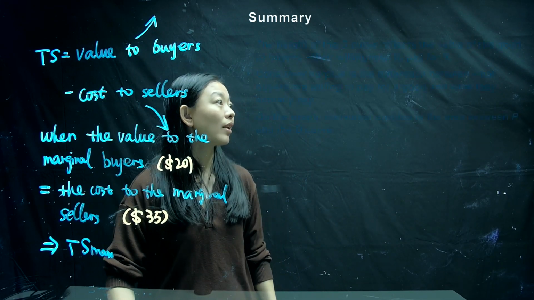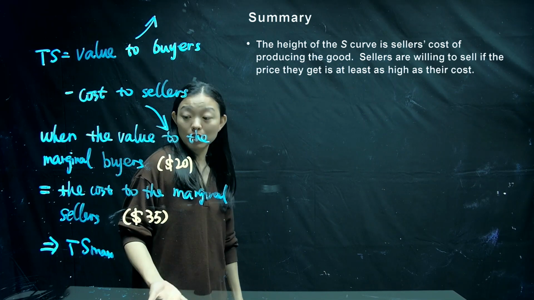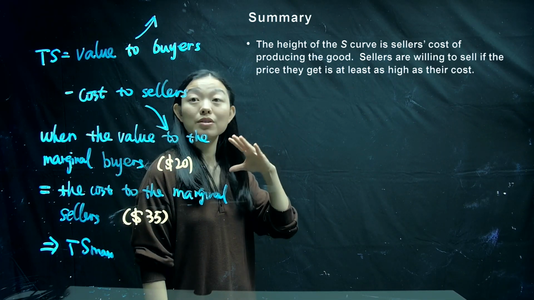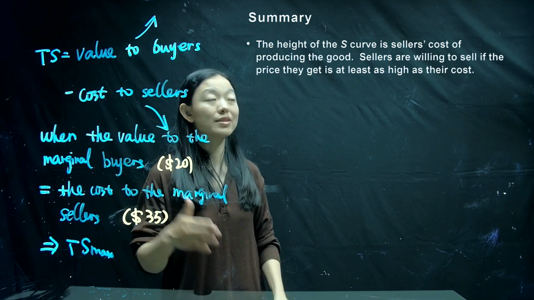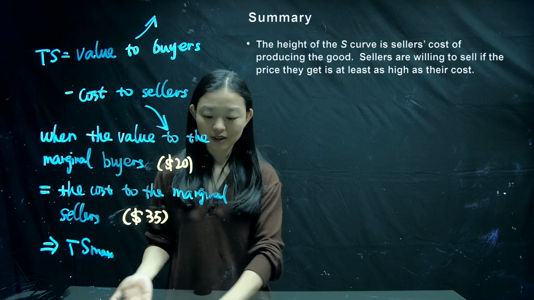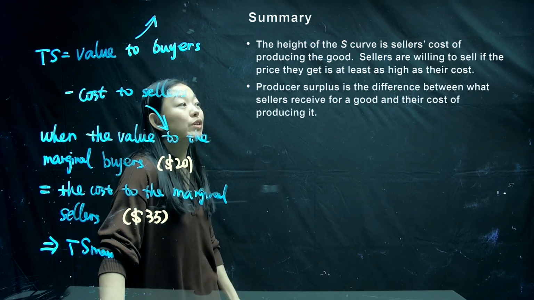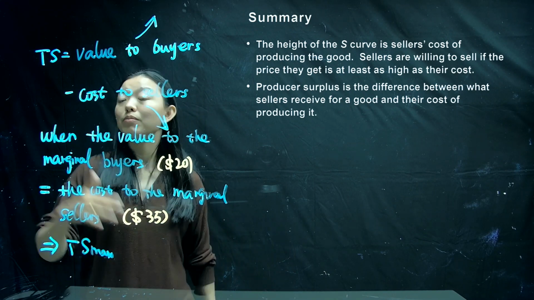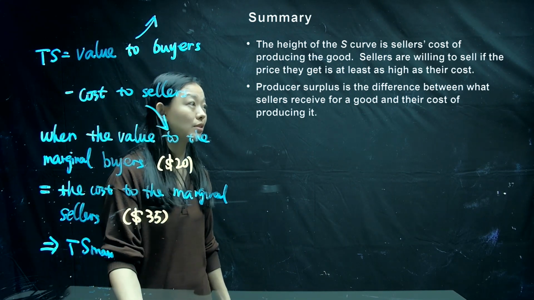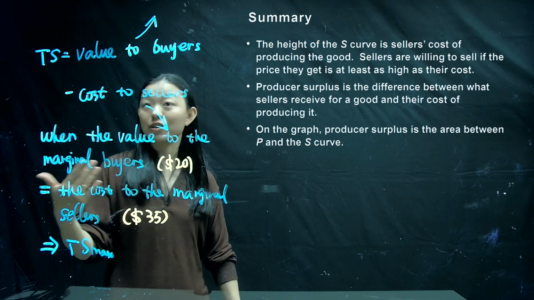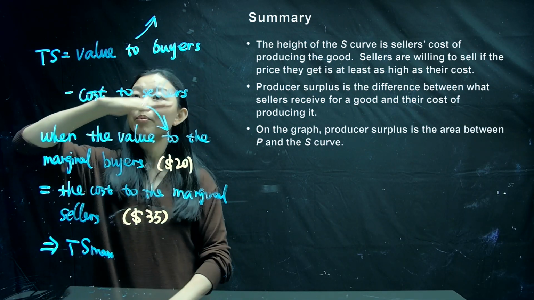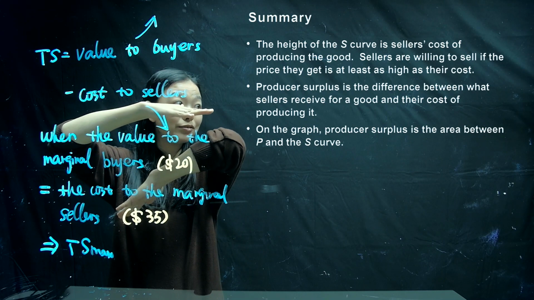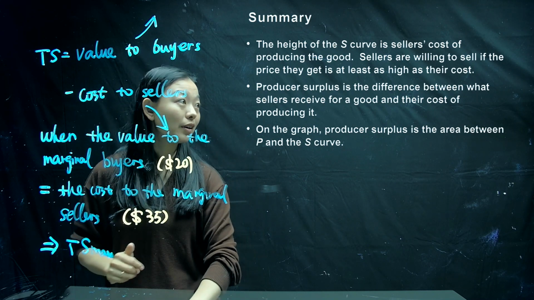And the height of the supply curve measures the cost to sellers. Producer surplus, PS, is the difference between the market price and the cost. From the graph, the producer surplus is the area below the market price and above the supply curve.